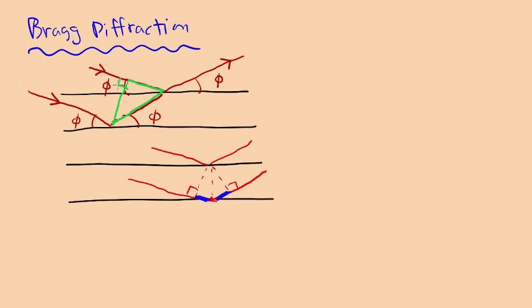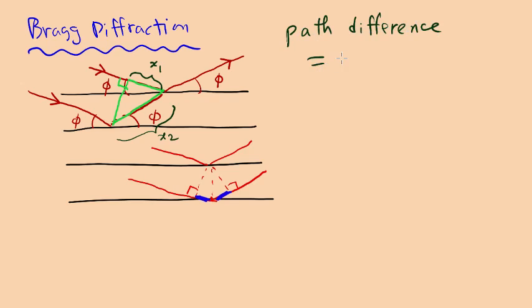And the path length difference between these two rays of light that interfere at the output is basically given by, let's say this is x1, and then let's say this is x2, so that path difference equals x2 minus x1.